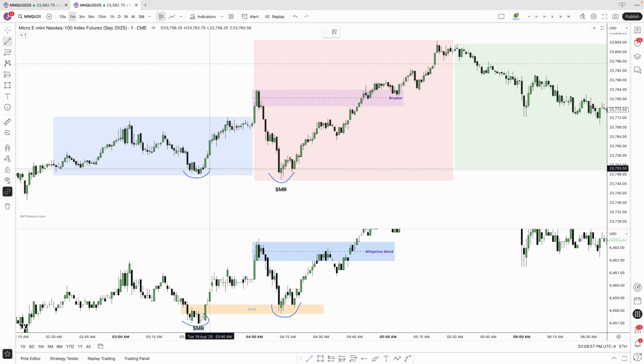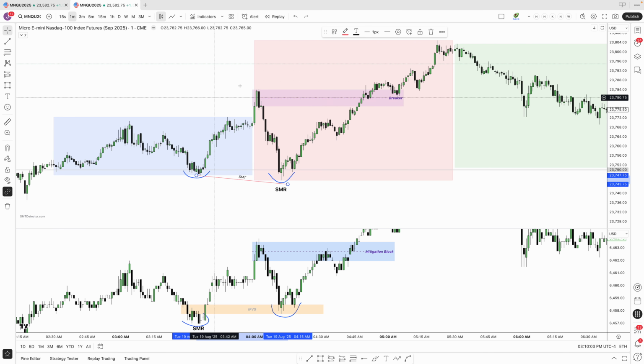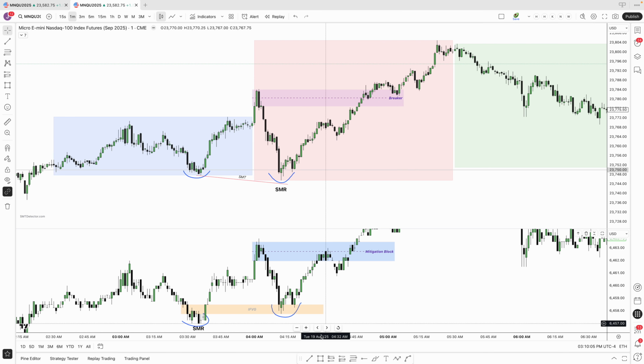90-minute cycle SMT occurs between here. Okay. SMT here between those two lows. But what you don't need to do is wait on ES to close above here. Okay, this is the whole point of this video.